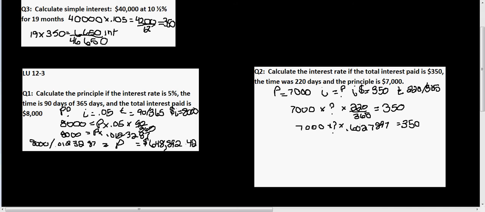Now, if I multiply 0.6027897 times 7,000, I'm going to simplify this side even further by finding out this question mark times 4,219.18. That's what happens when I get 7,000 times 0.602. I get 4,219.18. And all of that is going to equal 350.